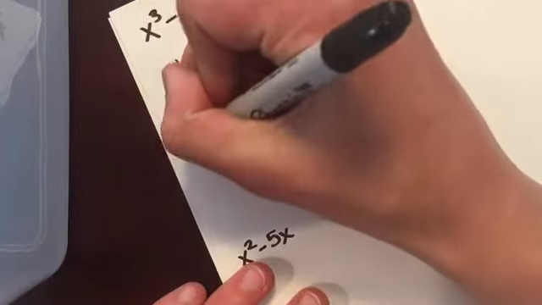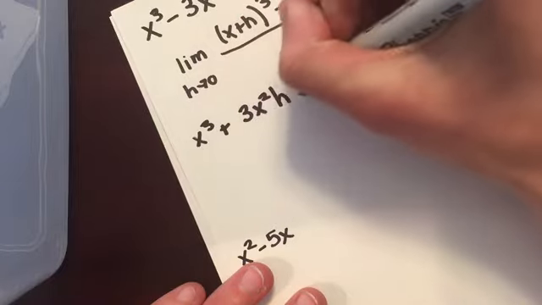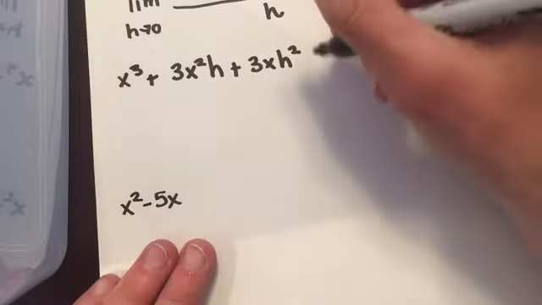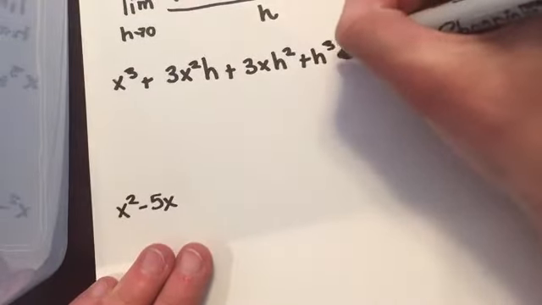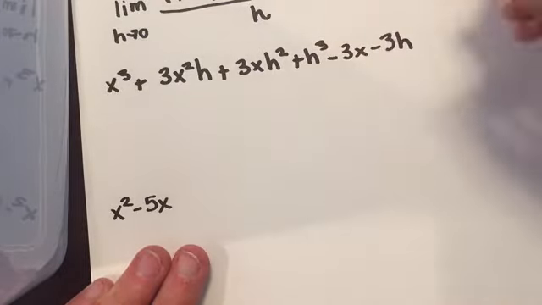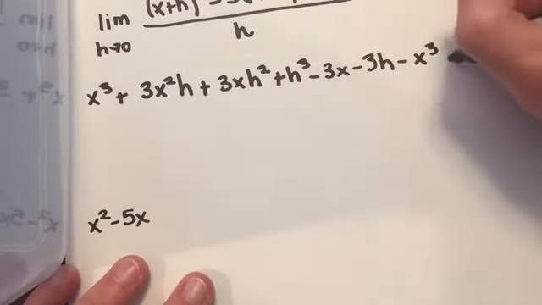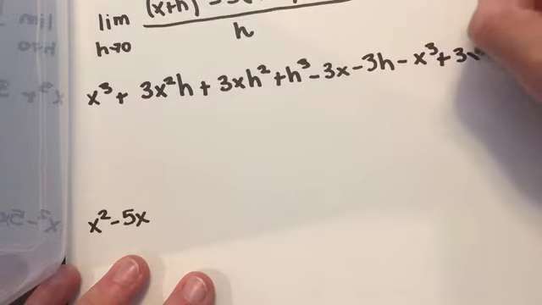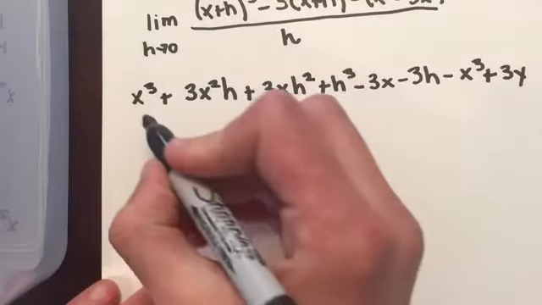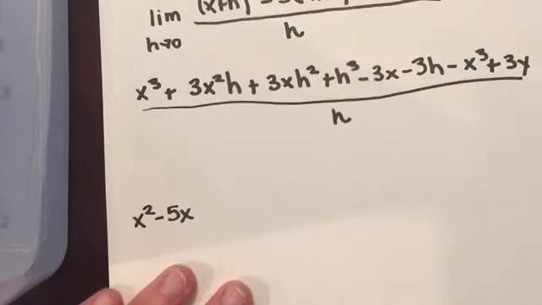So it'll be x cubed plus 3x squared h plus 3x h squared plus h cubed minus 3x minus 3h minus x cubed plus 3x, because we're distributing this negative to this number, so now it is a negative. So all of this is over h.